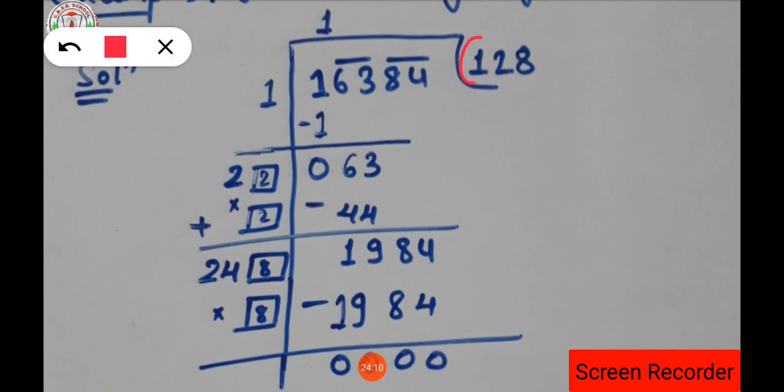That 1 we are going to write here, and it will be subtracted from the above one and become 0. How many times have we taken 1? 1 time. Now in the second step, 63 together comes down. So we have 63. Now this one and the above one will get added. So here addition will take place.